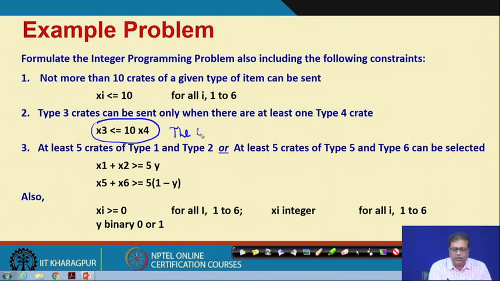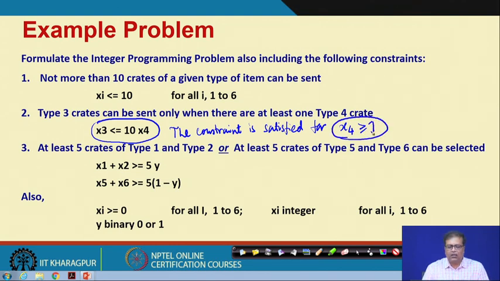So, we can write here the constraint is satisfied for x4 greater than or equal to 1, right, but not if x4 equals 0.